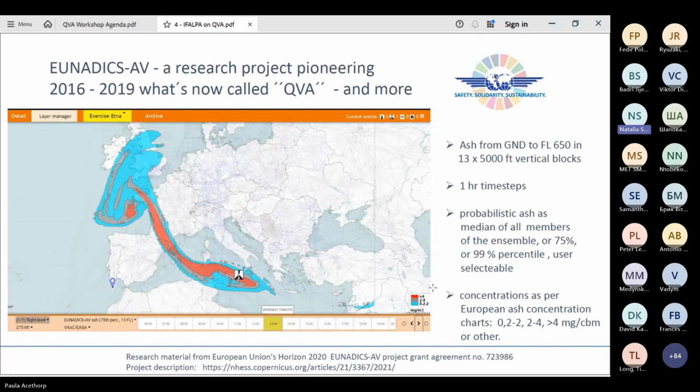We had probabilistic QVA, probabilistic ash, because the ensemble was something like 160, 170 members, and you could select how many members of the ensemble of the forecast would go into the display. 75%, 50%, 99%.